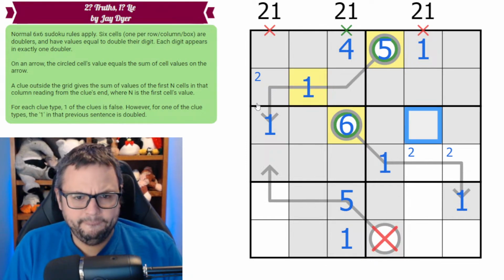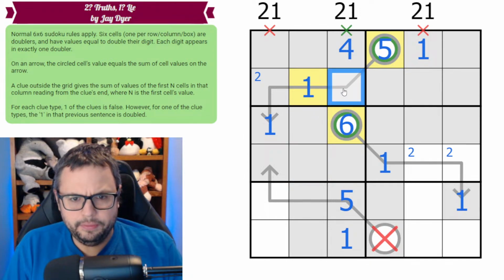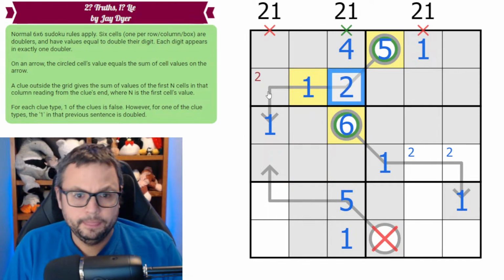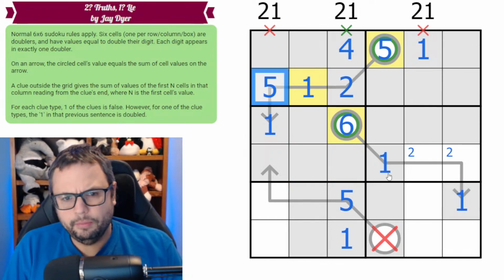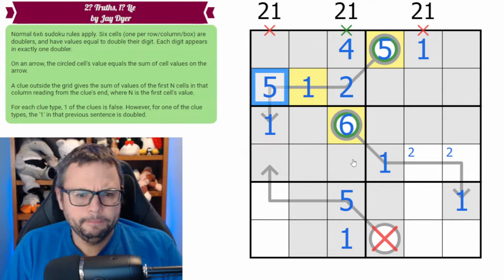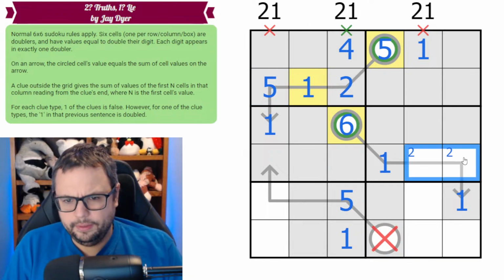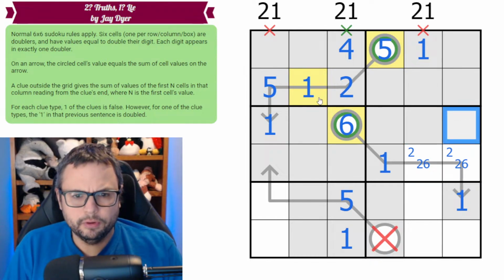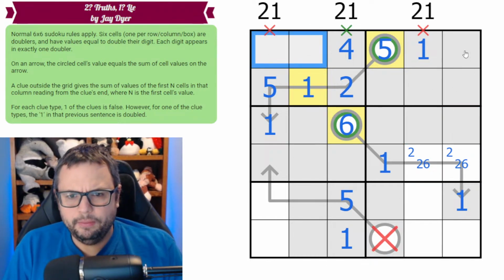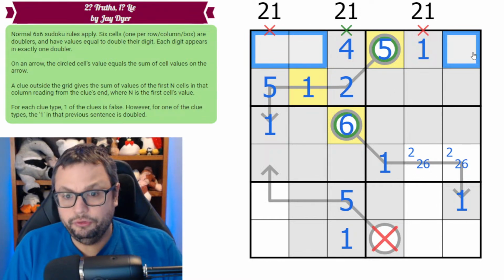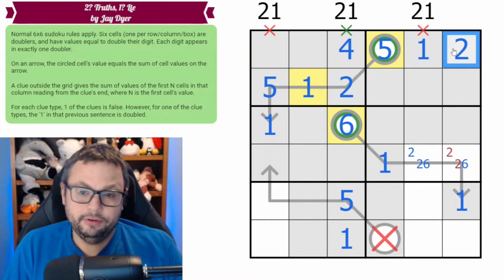And so these are a 2-5, which go in that order. These are a 2-6, which go in some order. And now we can... that's a 2. Oh, that's a 2, right? Just by Sudoku, that's a 2.